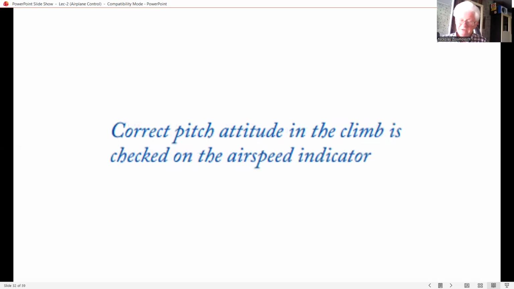If the ASI indicates an airspeed that is too low, then lower the pitch attitude on the AI. It may be, say, by a half bar width or by one bar width. Allow a few seconds for the airspeed to settle, and then check the ASI again.